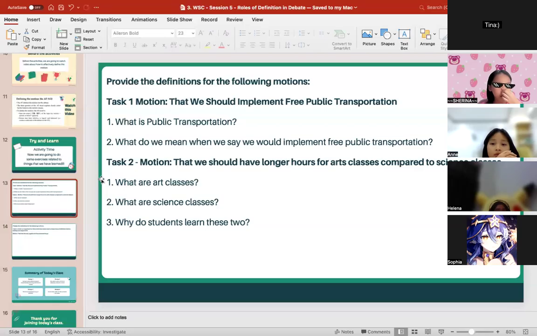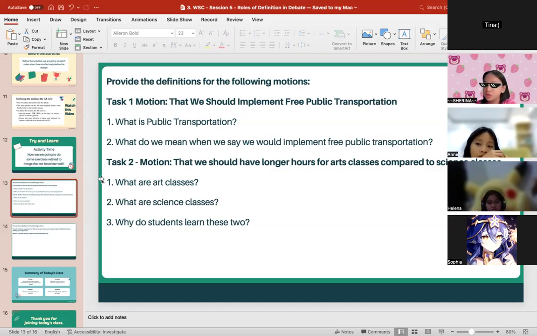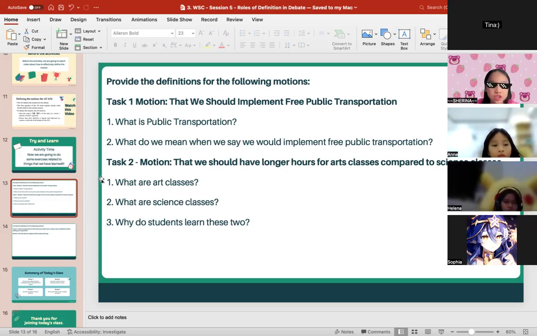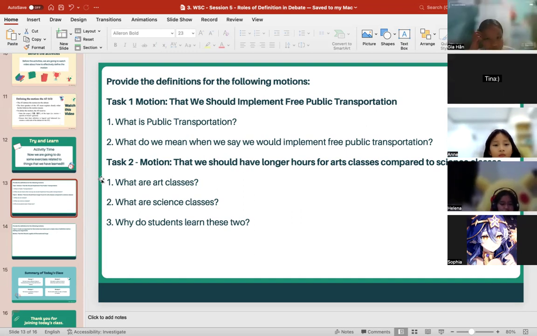I think that science classes are usually classes in school or other that focus on learning about the natural world, like how things work, and the laws that govern everything from tiny particles to huge galaxies. And these classes teach students to explore, experiment, and think critically about the world around them. And I think science classes allow students to experience and learn more about the outside world.